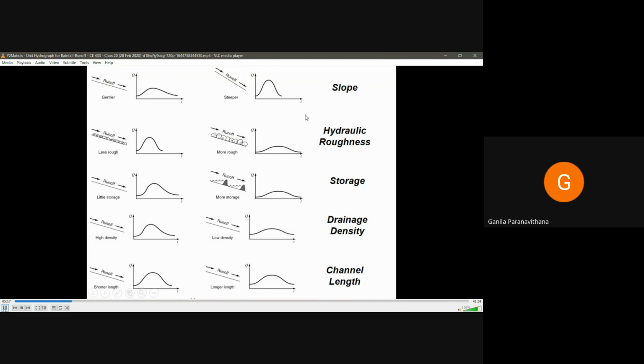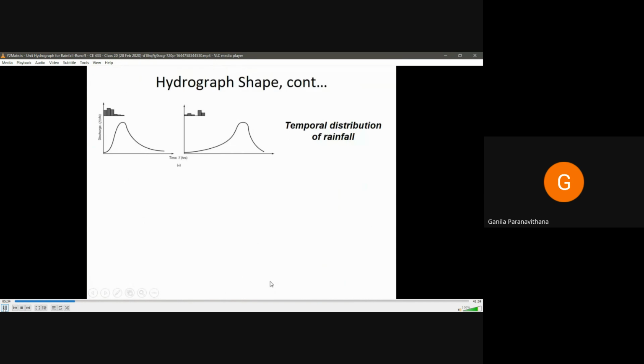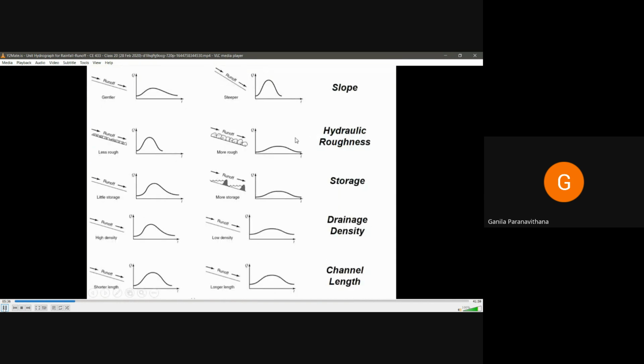The hydraulic roughness in particular can really have a big influence on how big the peak is going to be versus how spread out it is for a rough channel, whereas channel length doesn't have an enormous effect on reducing the peak height and delaying. And so all of these factors can be accounted for either empirically, or they can be combined together in a unit hydrograph, which is what we're working towards discussing today.